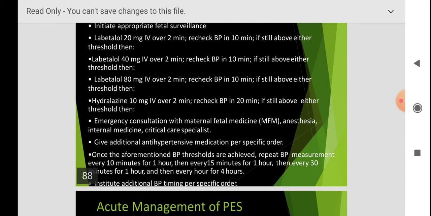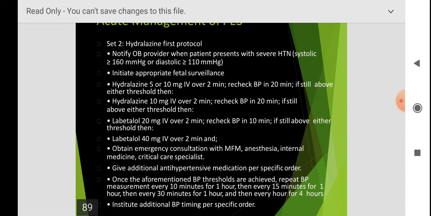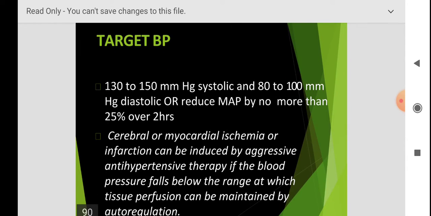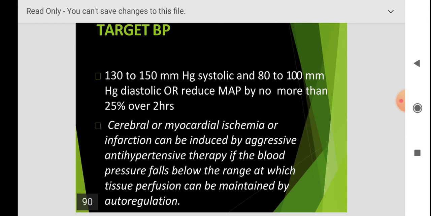If it's still not controlled, then you have to go for the other management, which should be done in ICU, because hydralazine and others are to be given in ICU setups where there may be a sudden drop of BP after giving. So with adequate monitoring they have to be given. But in our pregnant patients, we usually consider giving IV labetalol in severe hypertension. Rarely do we require any other drug other than labetalol.